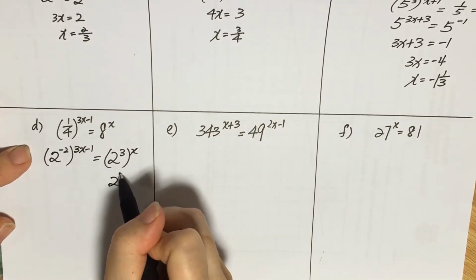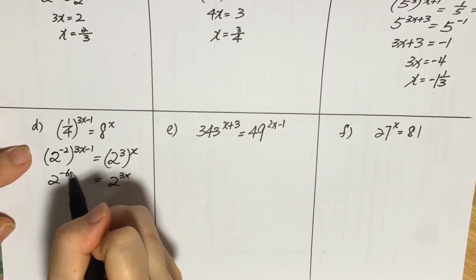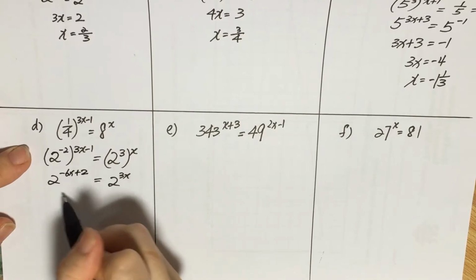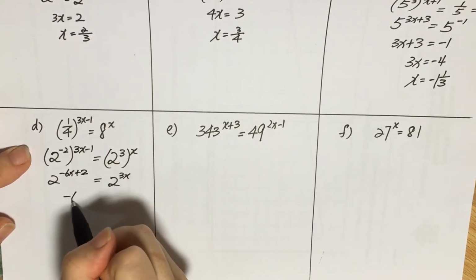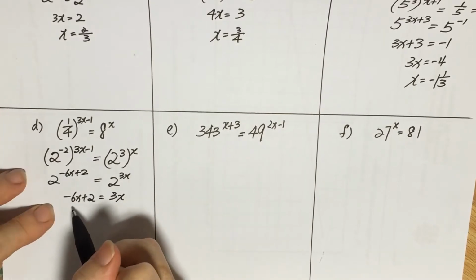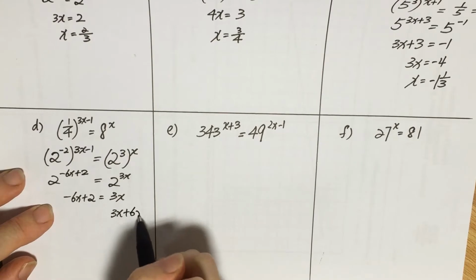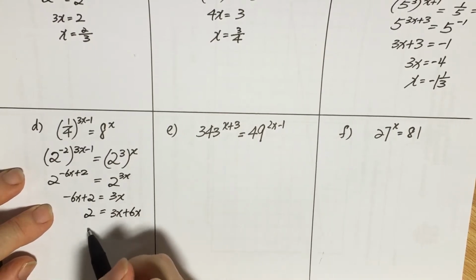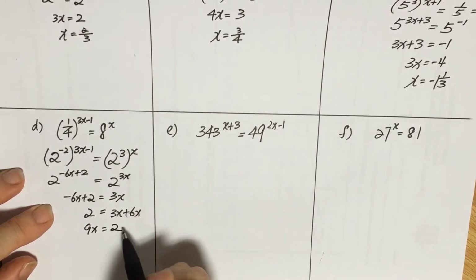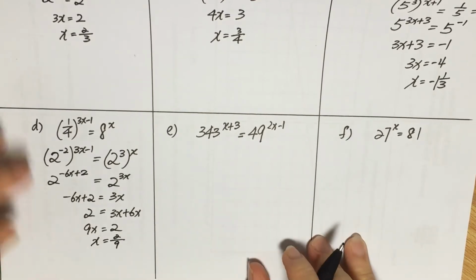So we have 2 raised to the power of 3x, and then this one is 2 raised to the power of -6x plus 2. Base the same, power must also be the same. So we have -6x plus 2 equals 0. Put the x's together and the constant term together. So you have 9x equals 2, and so x equals 2/9.